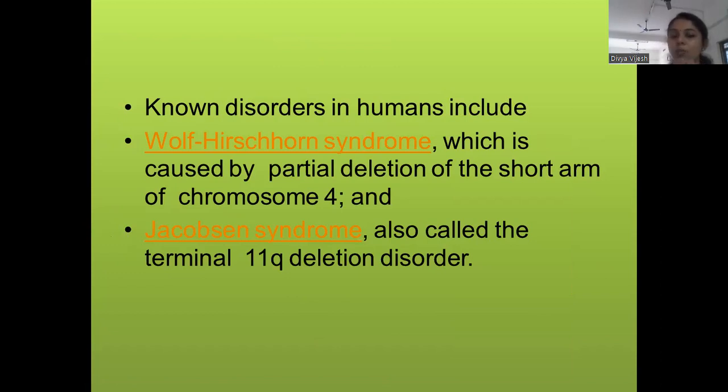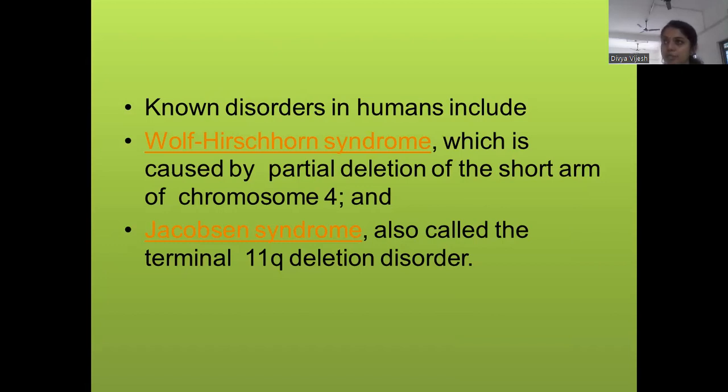One such syndrome is Wolf-Hirschhorn syndrome, where there is partial deletion of the short arm of chromosome 4, that is the p arm. Also in Jacobsen syndrome, there is terminal 11q arm deletion disorder.